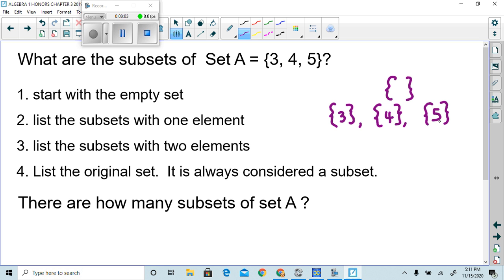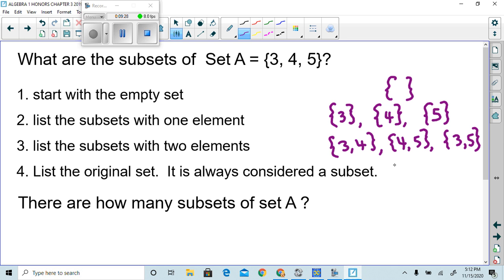Then list the sets that have 2 elements. Well, 3 and 4 would be a subset. They're both in the first set. 4 and 5 are also in set A, and we would have 3 and 5. Those are all the sets of 2. If I needed sets of 3, I would continue, but that's as far as I go.